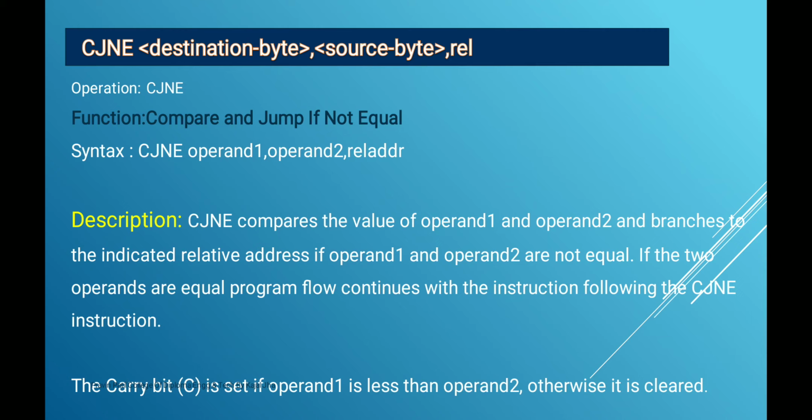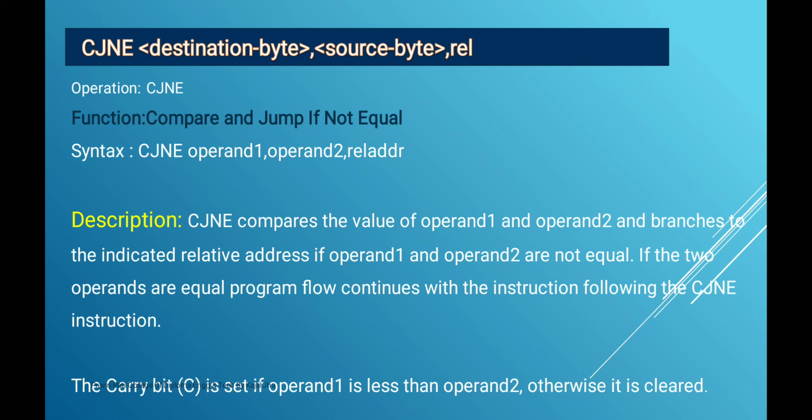But if they are not equal, then it jumps to the indicated relative address. The carry bit is set if operand 1 is less than operand 2, otherwise it is cleared.